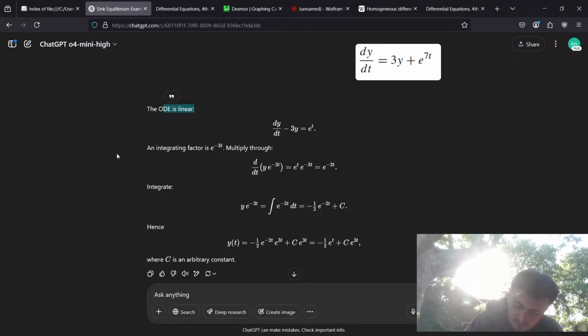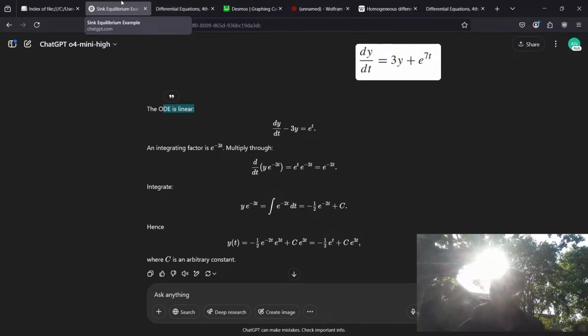It's going to be e to the 1/2 ln 1 plus t squared, e to the 1/2.